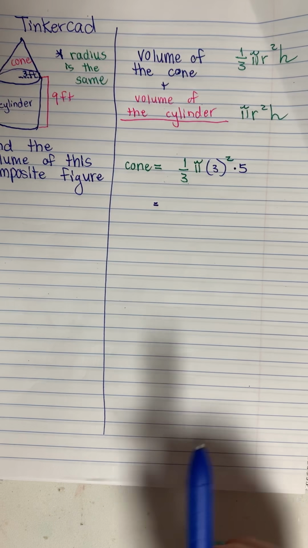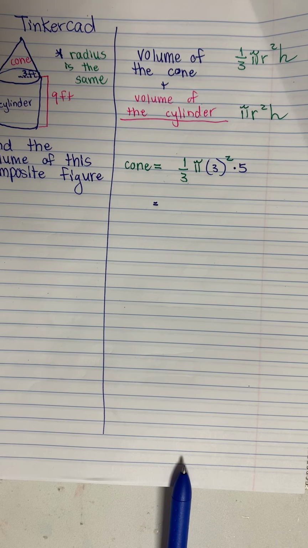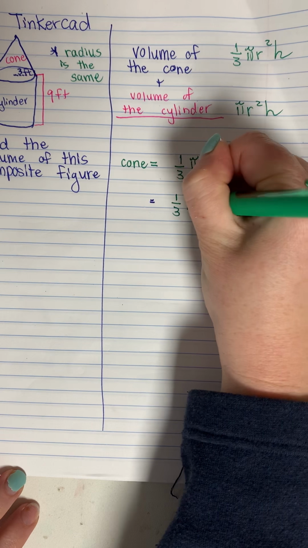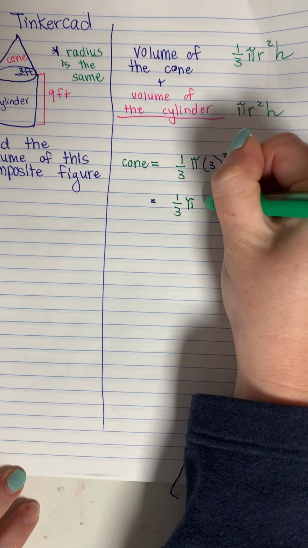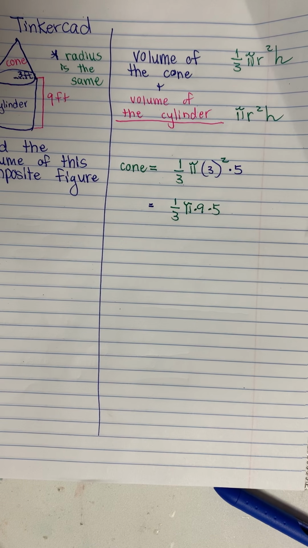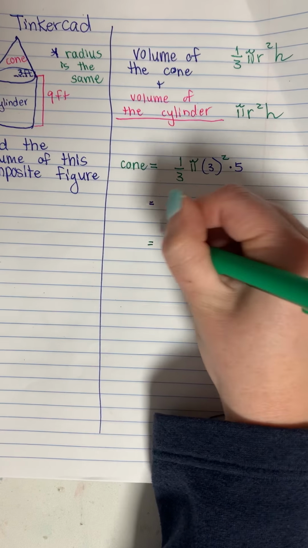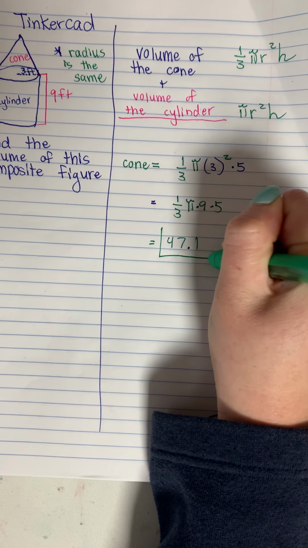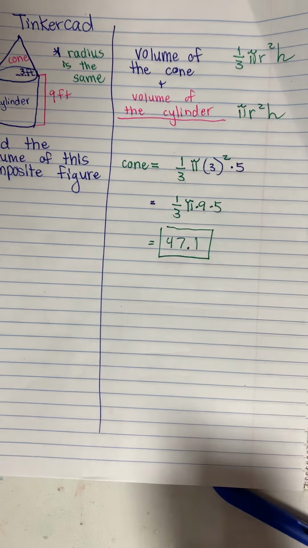And what does that give us? One-third pi times 9 times 5. Plugging that into your calculator, 47.1 when we round. So there's the cone. That would be feet cubed.